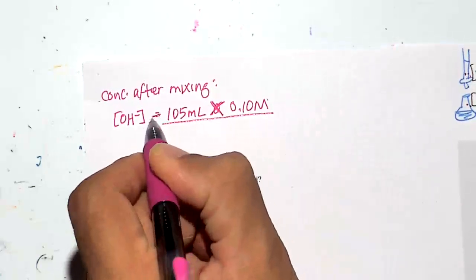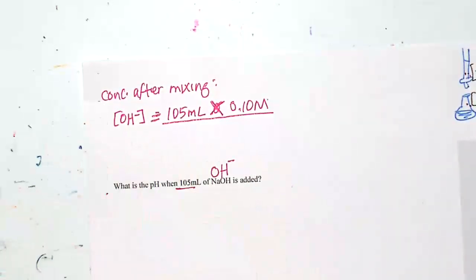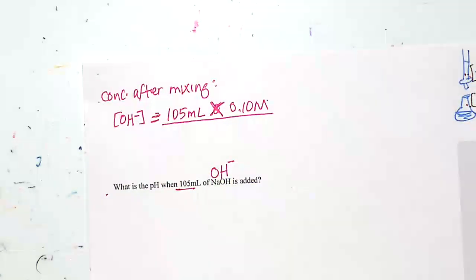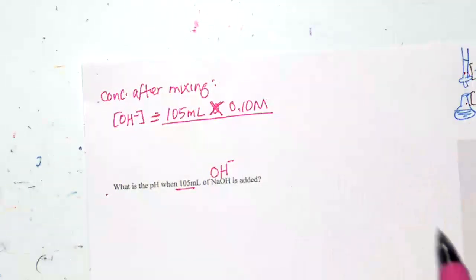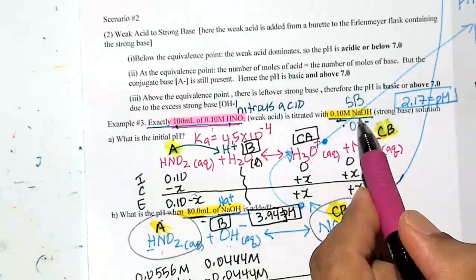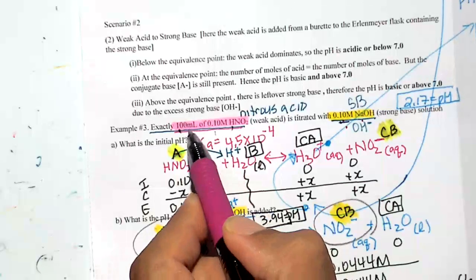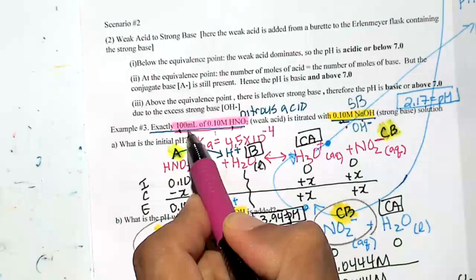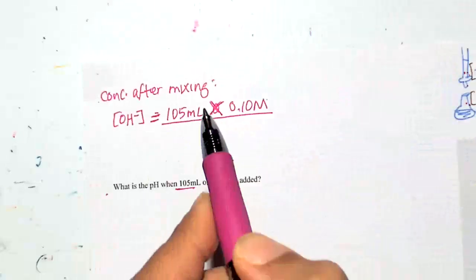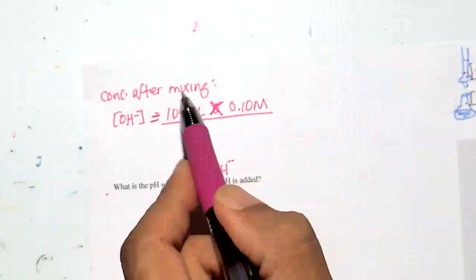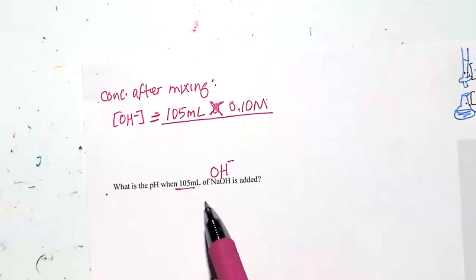What is our total volume? What's our total volume here? We added 80 mLs and to how much? 100 mLs. So what's 100 plus 80?